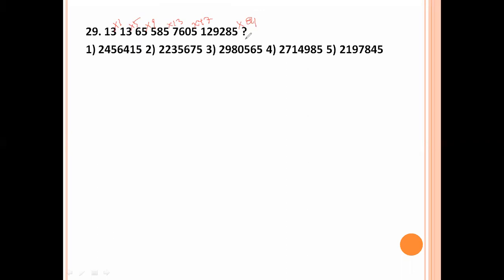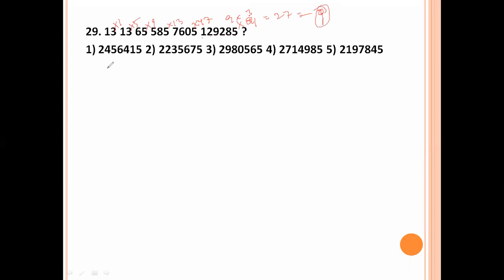Now how to decide this value? If we multiply 21 into this value it takes so much time. So here we use the sum of digits method. 1 plus 2 is 3, plus 9 is 12, plus 2 is 14, plus 8 is 22, plus 5 is 27. 2 plus 7 is 9. So 9 is the sum of digits.